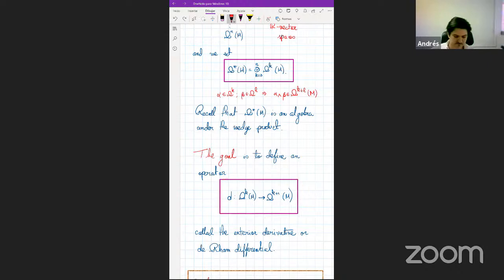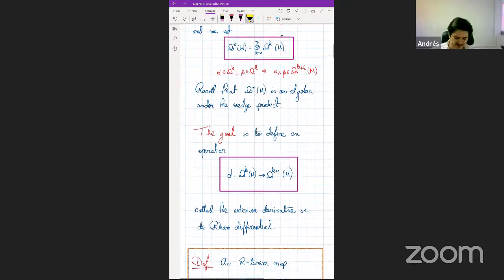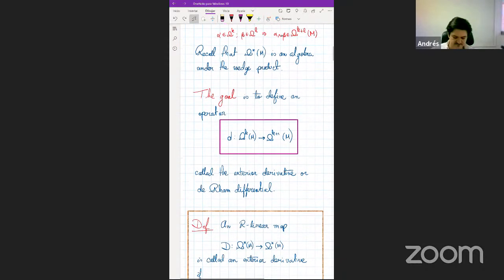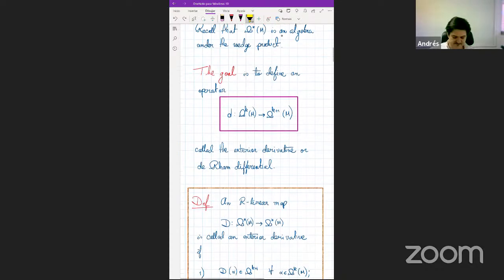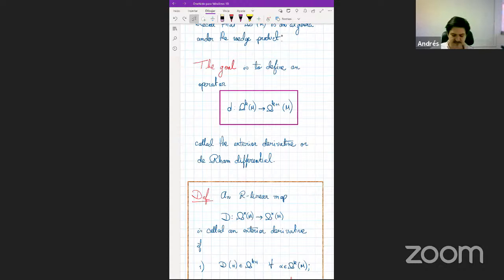Okay, so this is the definition. It is a linear map, and here this is the general setting, but we require that actually this happens. That is, if I take a k form, then this increases the degree by 1.